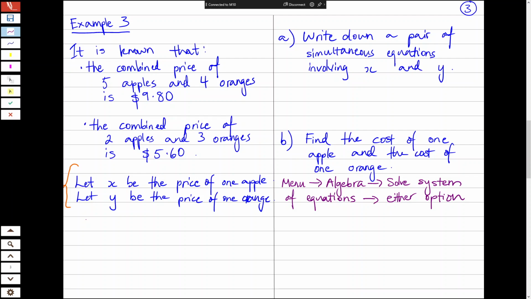We just go C equals, and then you go 5x plus 4y. Okay, we can actually say more. Do we know the cost? Yeah. We are $9.80. Okay. C means cost.